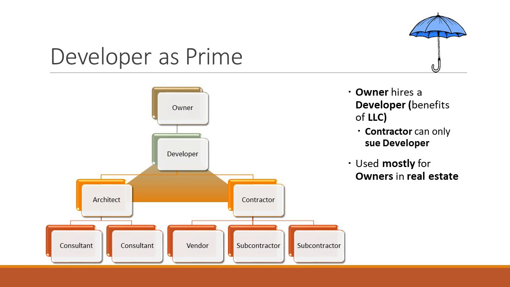The contractor can only sue the developer, can't sue the ultimate owner. So this developer as a model concept creates often this legal fiction of an entity called the developer that then enters into the contract in the triangle here, and ultimately a payout comes back to the owner. So that happens lots and lots of projects.